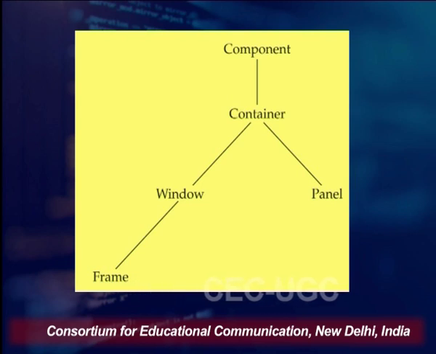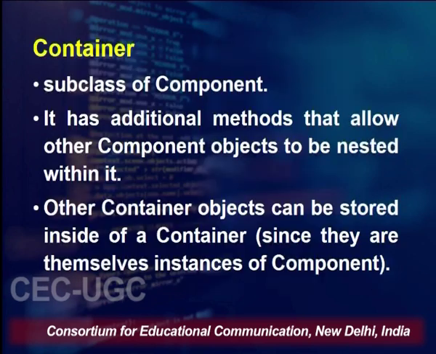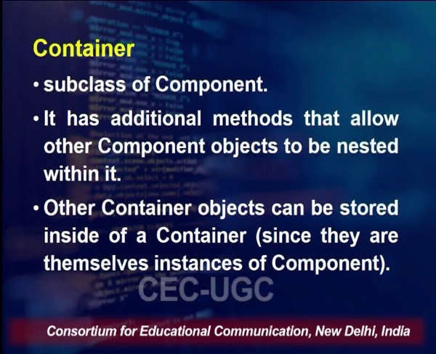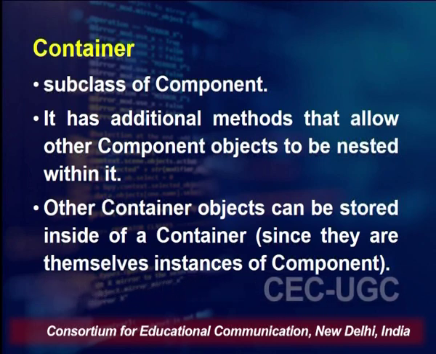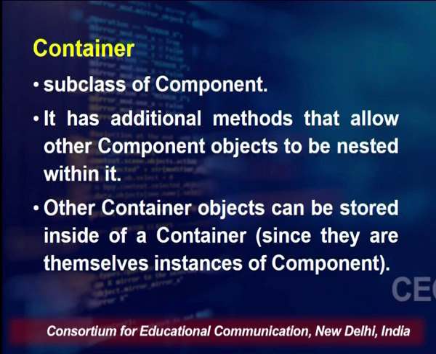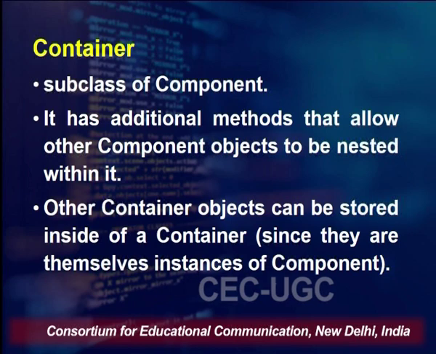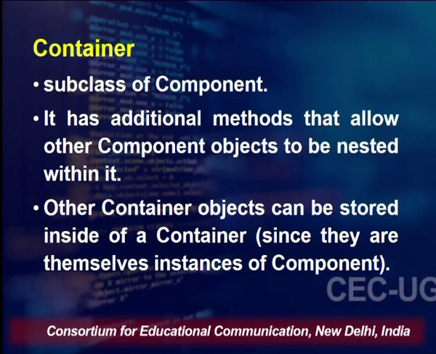Now, we are moving into the next level in this hierarchy, which is the container class. The container class, as shown in the hierarchy, is a subclass of the component class, and it has some additional methods that allow other component objects to be nested within it.